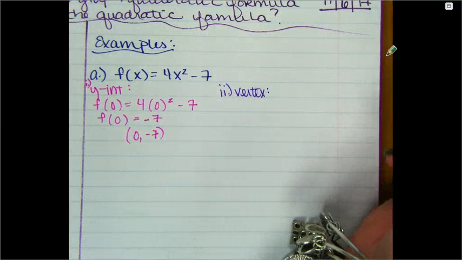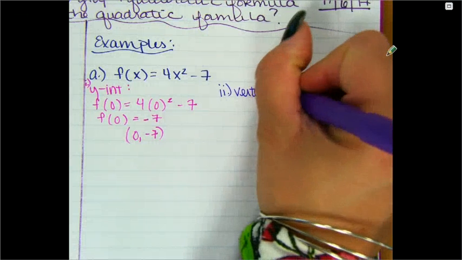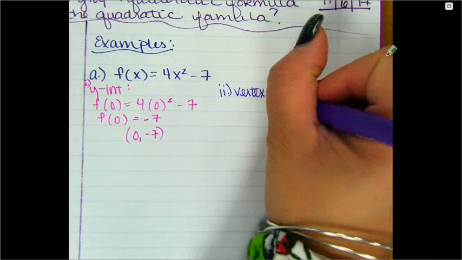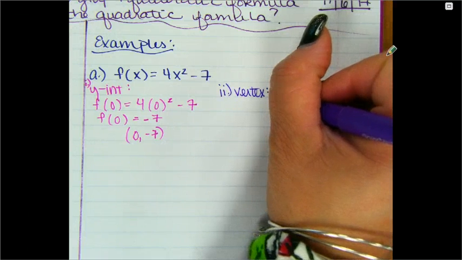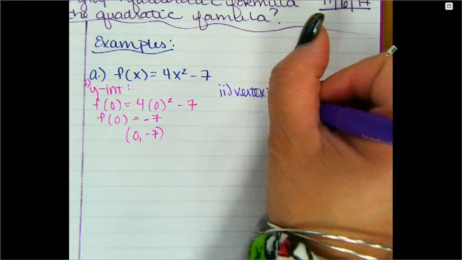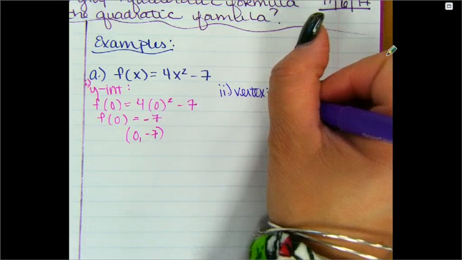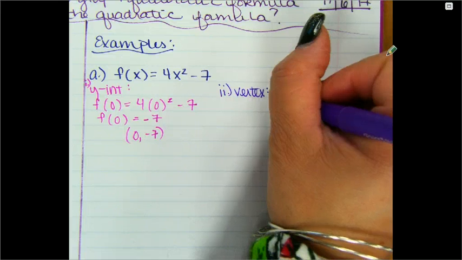All right, so vertex, how do I do it? Don't you put 7 into... No. Axis of symmetry, which is what?